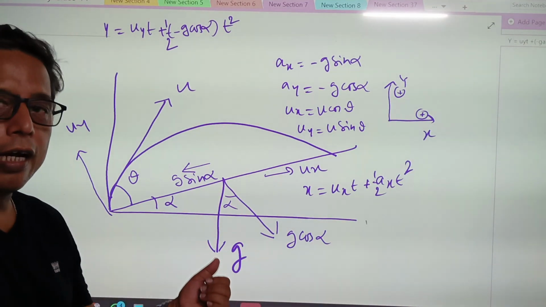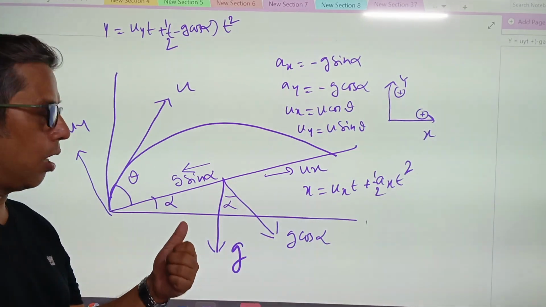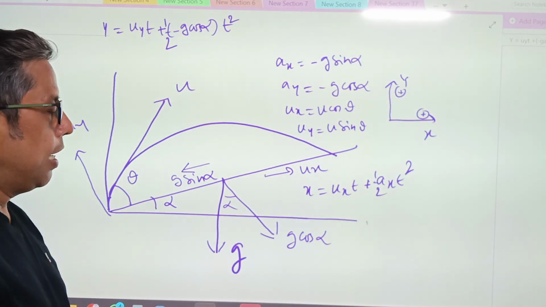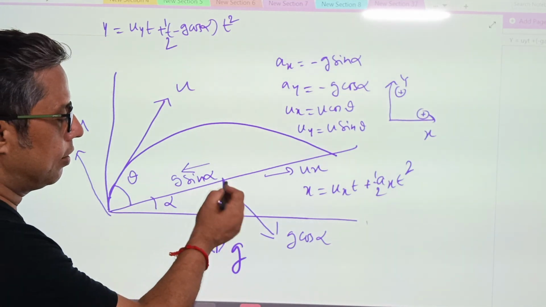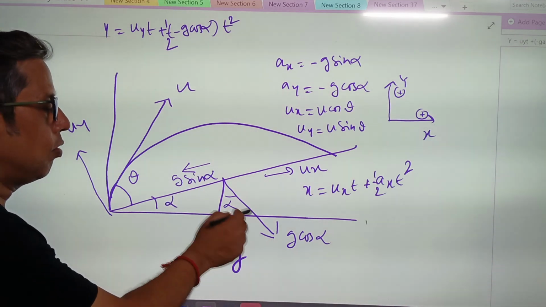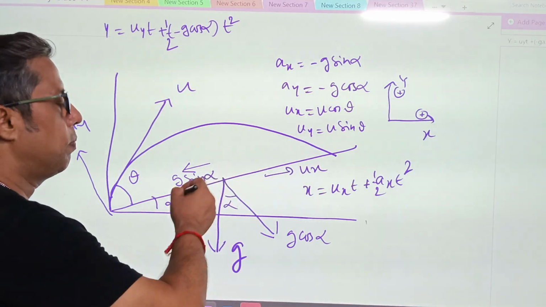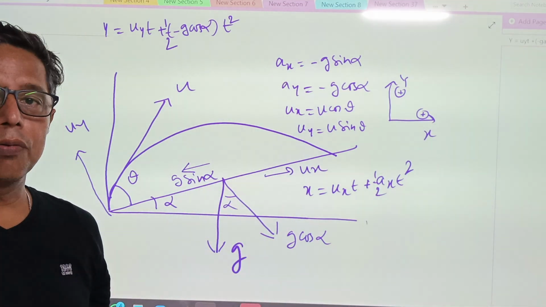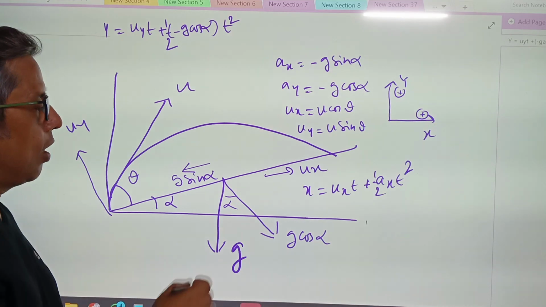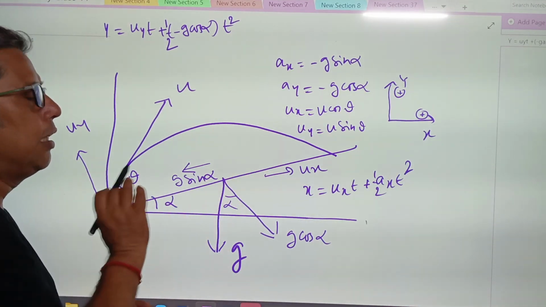Earlier in the friction problem we had mg cos theta and mg sin theta. Now here g is the vector, having two components, one is g cos alpha and one is g sin alpha. If this is angle alpha, then this will be g cos alpha. So you can see that the component of g perpendicular to this plane is g cos alpha, and the component of the acceleration due to gravity along this plane will be g sin alpha.